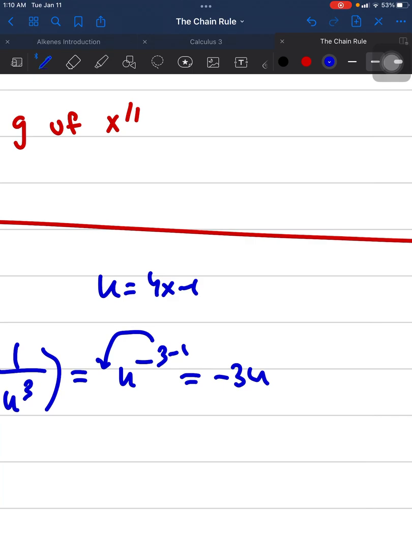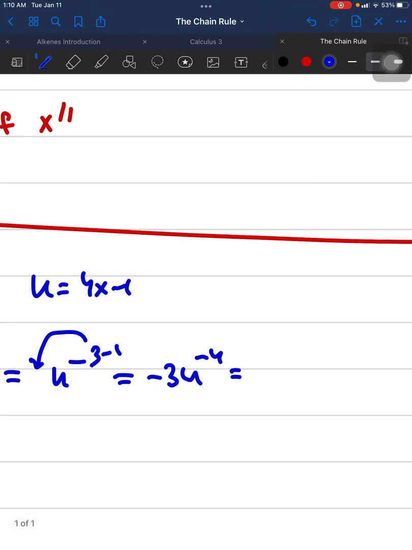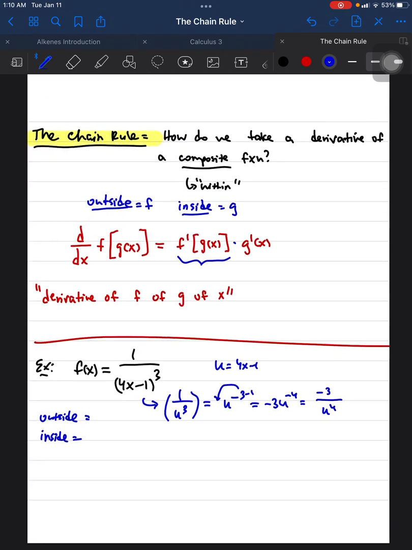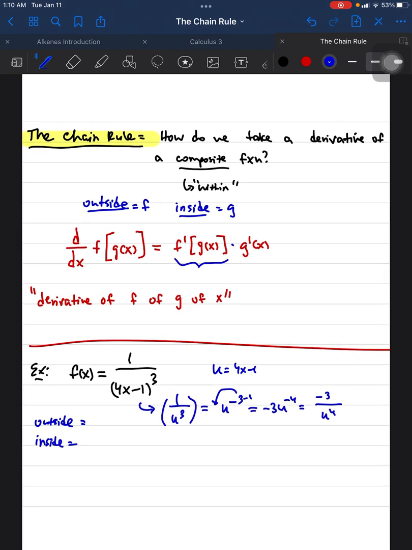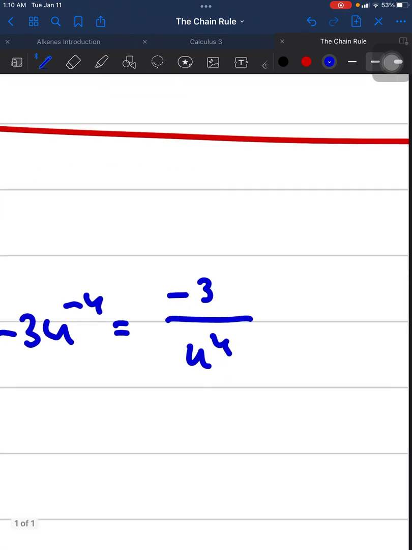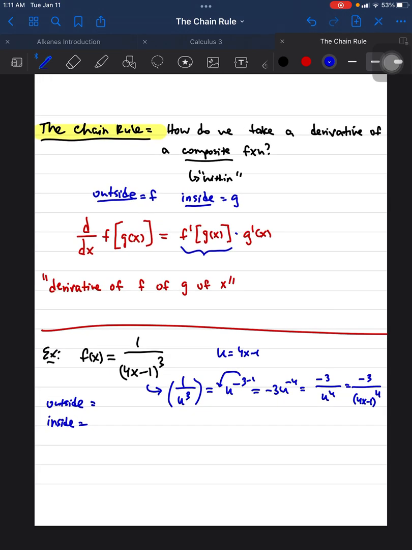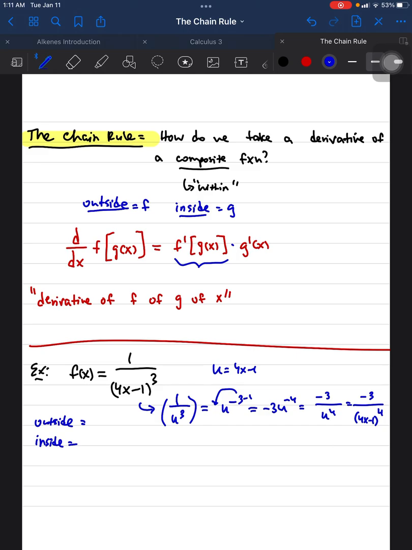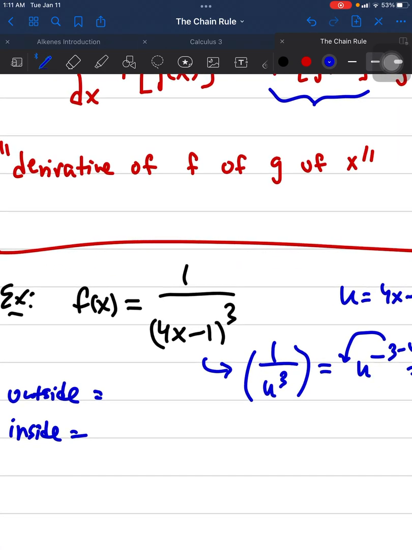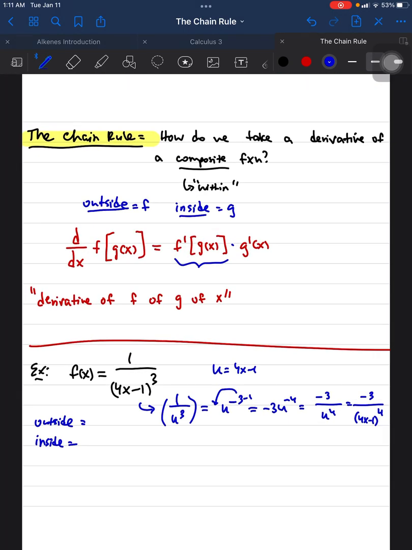And then we subtract 1 from the exponent, right? So -3 minus 1 is just -4. And the value we get here now is -3 over u to the 4. So that's the derivative of the outside function. And we already know that u is equal to 4x minus 1. We can substitute back 4x minus 1 to the 4th. So that's the derivative of the outside function.